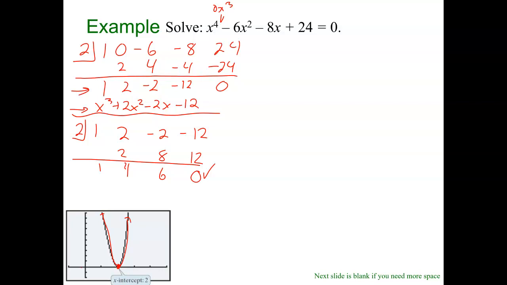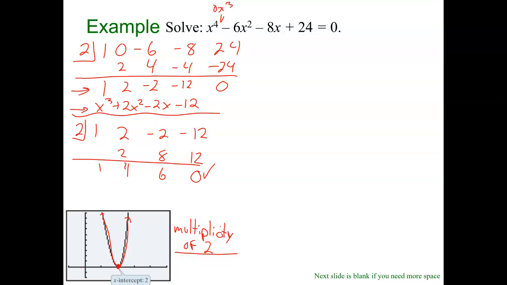We call that a multiplicity of 2, meaning that 0 counts twice. Which is why when we graphed that cubic function, it also went through the x-axis at x equals 2.